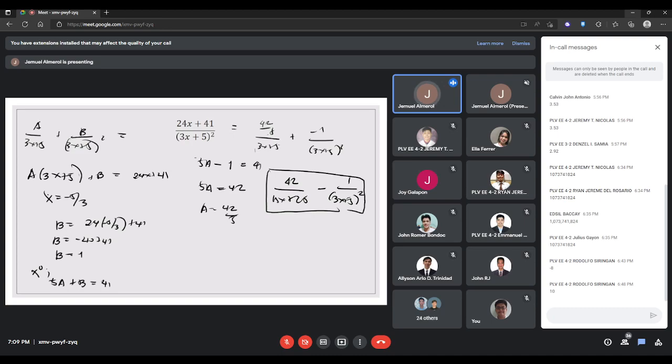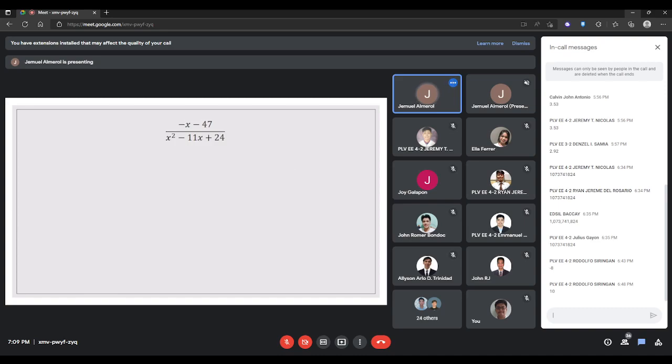Tayo sa partial fraction. Ang dami. Natin marami.